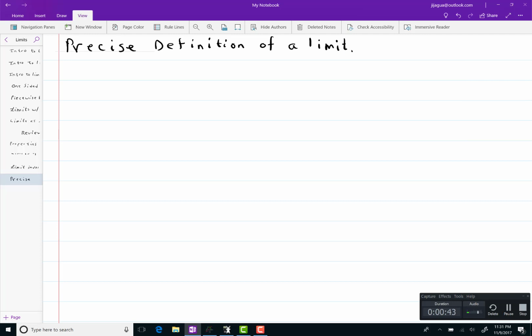The intent here is to define this notation. Okay, let me just fix it.